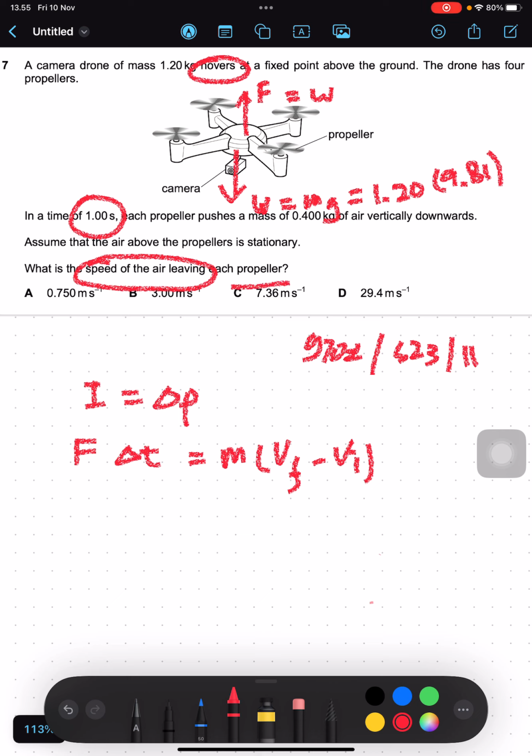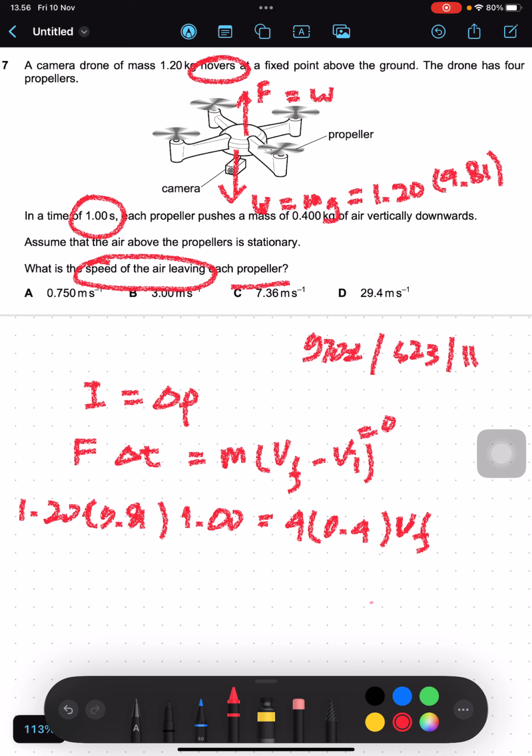Okay, we check this: 1.2 times 9.81. Then delta t is 1.0, and the mass is, we have 4 propellers, and mass vertically downward is 0.400, times v final, with v initial equal to 0.